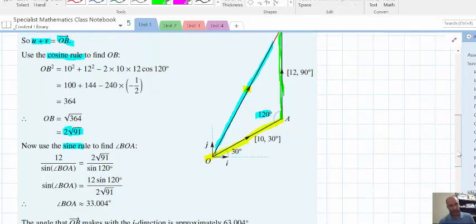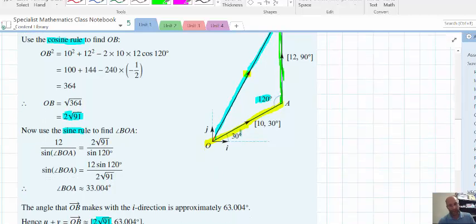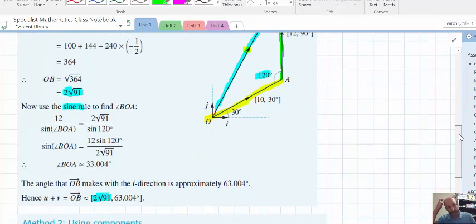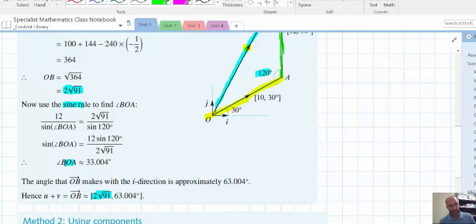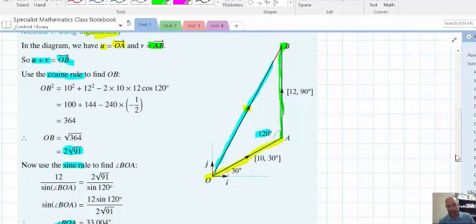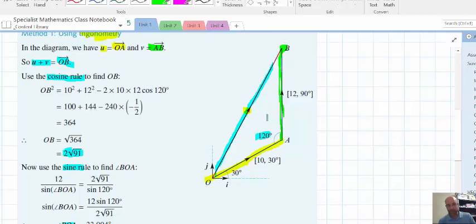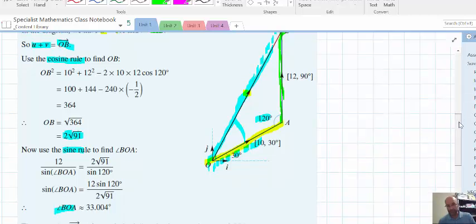Obviously, if you've not covered the cosine rule and the sine rule, you wouldn't be able to use this method. And we get an angle. The angle of the vector is called BOA on this diagram. Let's have a look at that. So BOA comes down here, and that will give us the angle of the vector.